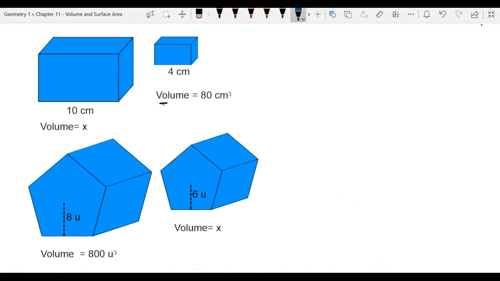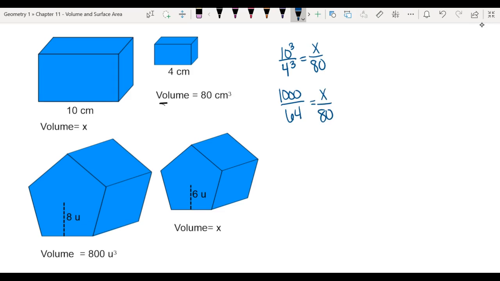So this will be the last one we do today. It's talking about volume. If it's volume, what do you raise your sides to? Not 2, it's to the 3. Volume is to the 3rd. Surface area is squared. 10 to the 3rd is 1,000. 4 to the 3rd is 64. That equals x over 80.